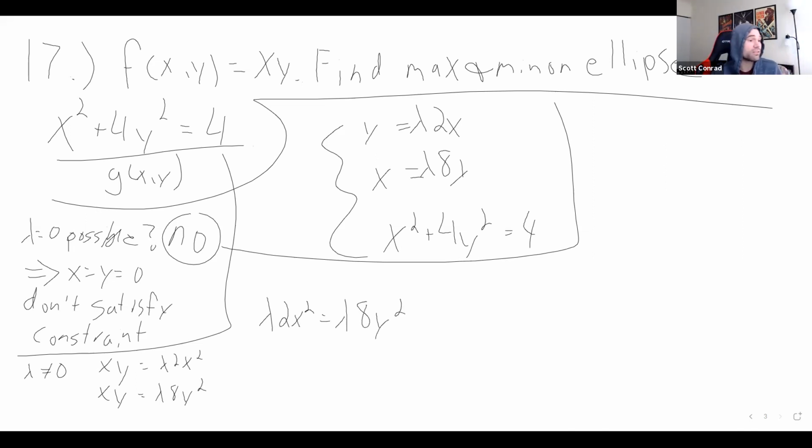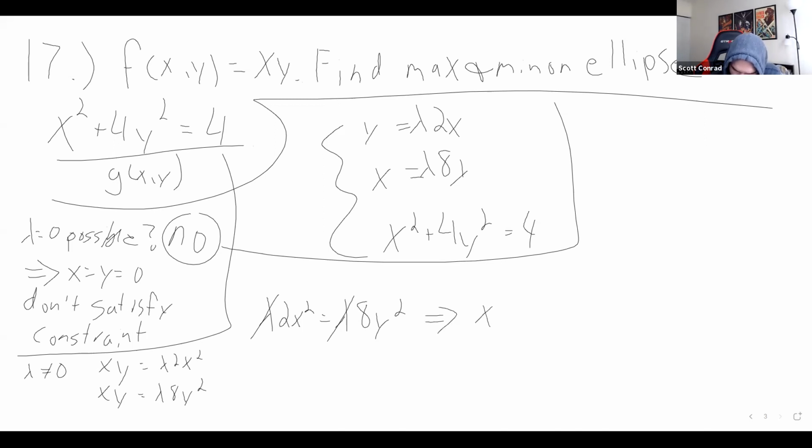So we already know lambda is non-zero, so we can divide both sides by lambda. So we get 2x squared is 8y squared. We could divide both sides by 2, of course.